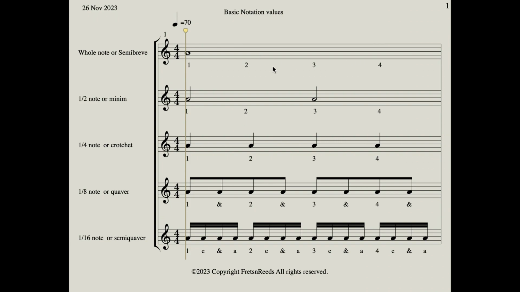Now if I put the click on, which is going to be at 70 beats per minute, it will sound like this. These are quarter beats, so this is how we will count it. Looking at this bar, 1, 2, 3, 4. So this whole note here is going to have 4 beats, and if I turn the piano sound on, it will sound like this.